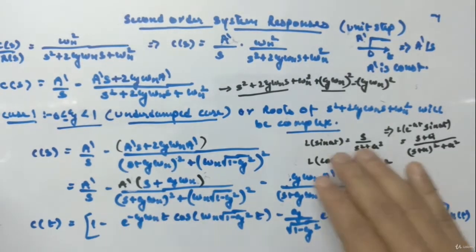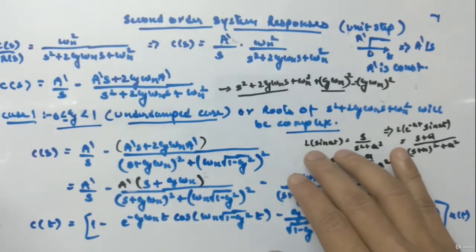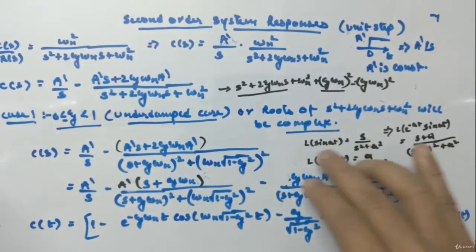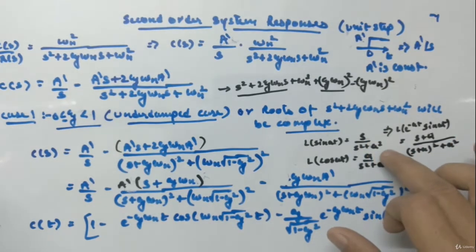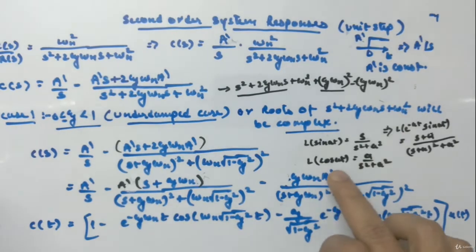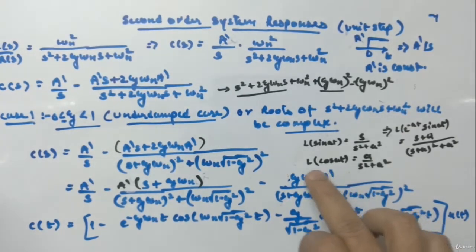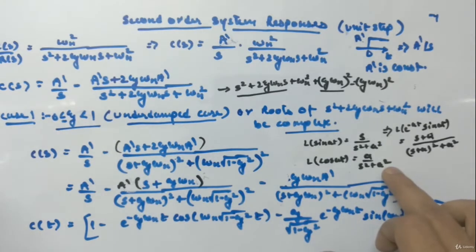Now what I will apply is, you might know that in Laplace, the Laplace transform of sine at will come out to be a divided by s square plus a square. If you have cos at, the Laplace transform will come out to be s divided by s square plus a square.